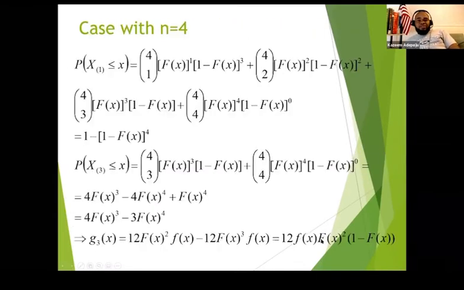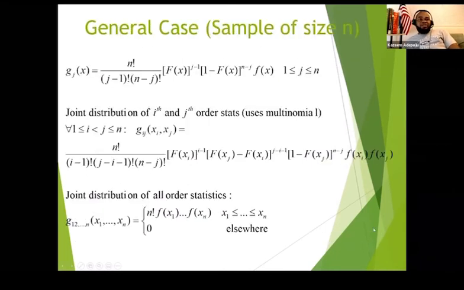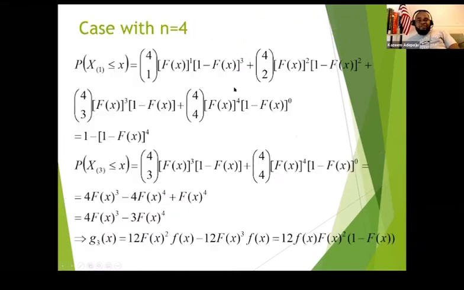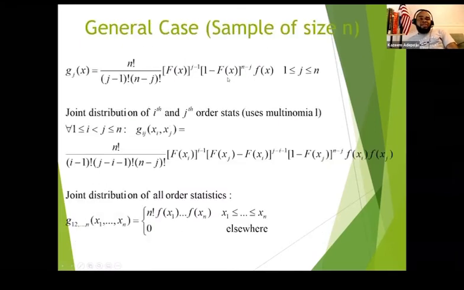You can see here you've got small f of x, and 1 minus f of x is, if you take a look at this, where your n equals 4 and your j equals 3, just going to be 1 minus f of x, which we have here. So what I'm trying to say is that what I have here is just a special case of this formula right here. So this formula is actually a generalized form of that.